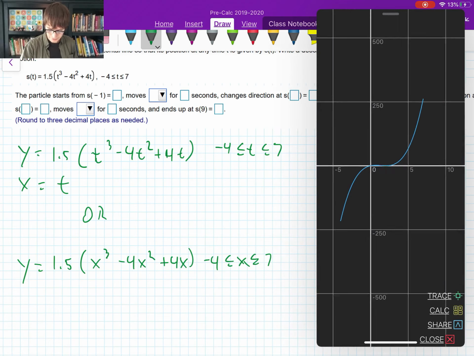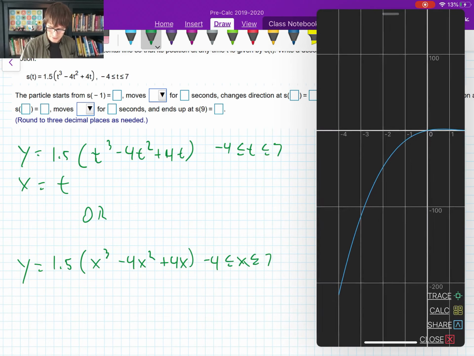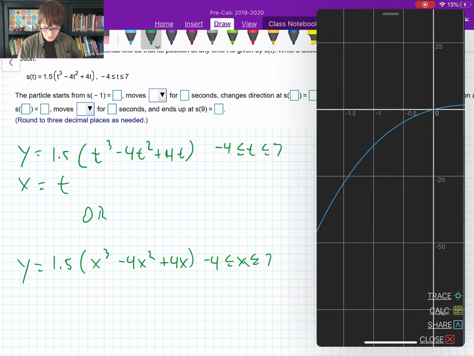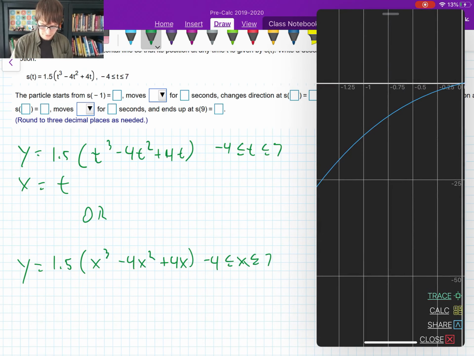At t equals -1, it starts right about there. I want to trace that right onto -1. You see that t is -1. Yep. And y equals -13.506.